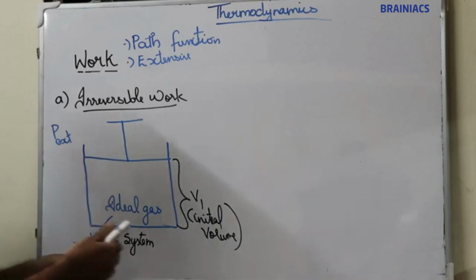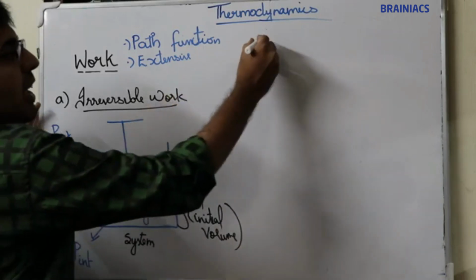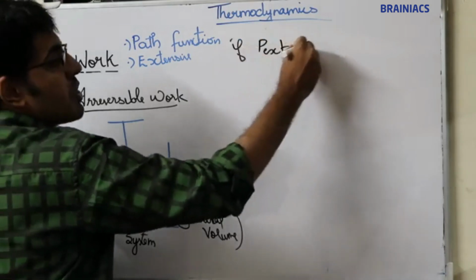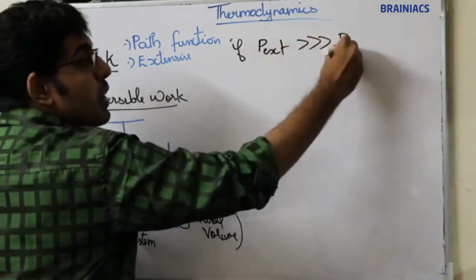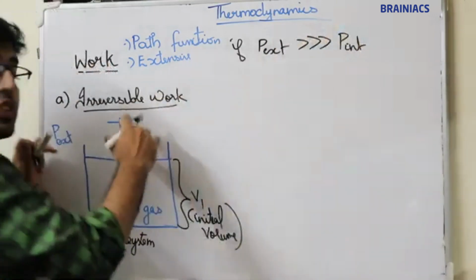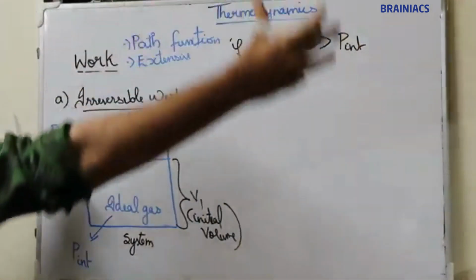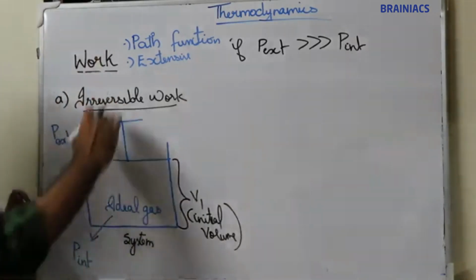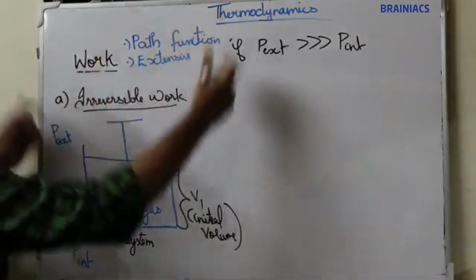Now consider, if external pressure is very much greater than internal pressure, the piston will move downwards. Why is this piston moving downward? Because external pressure is greater.